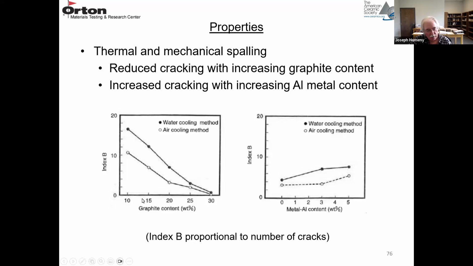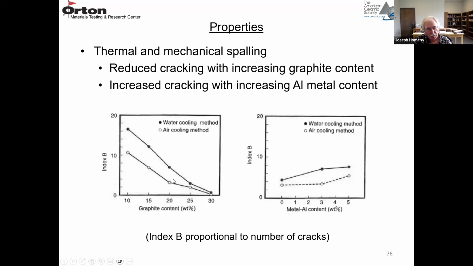So the graphite content goes from 10 to maybe 30%. And these materials were thermally shocked either by water quenching or air quenching. So in water quenching, a refractory sample is dropped into water. That's very severe, as opposed to air quenching, which is just taking it out of a hot furnace and letting it cool in air.